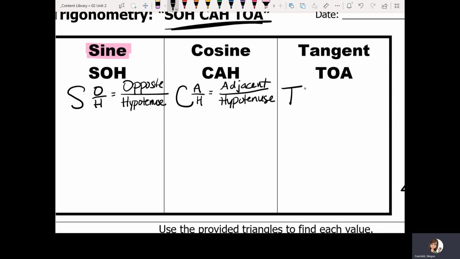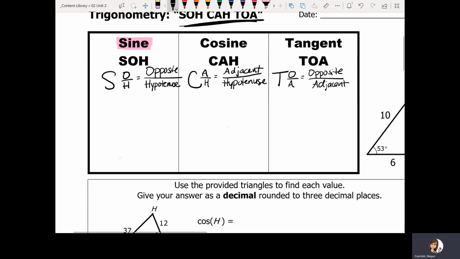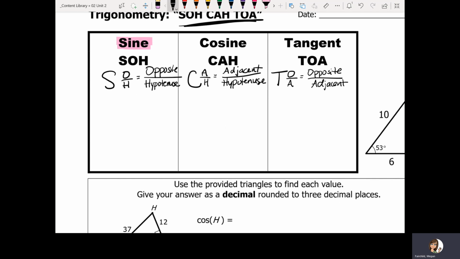And TOA is tangent, which is opposite over adjacent. That's what all of those mean. I know it takes a while to write on your tablet, but type it in or write it down or go back later and fix it.